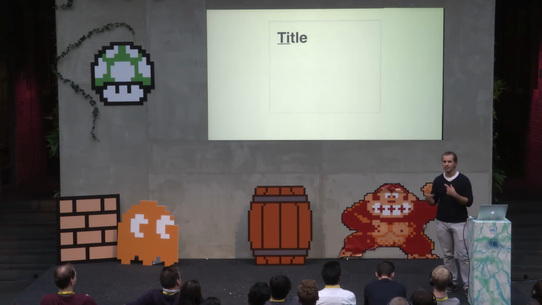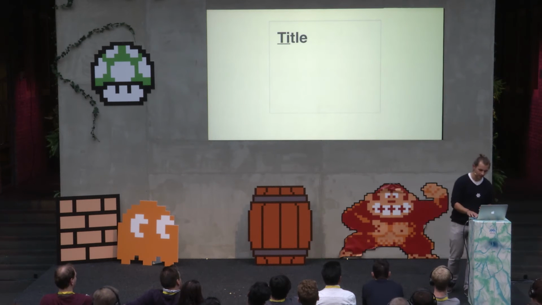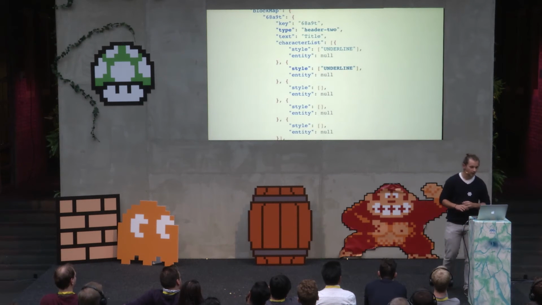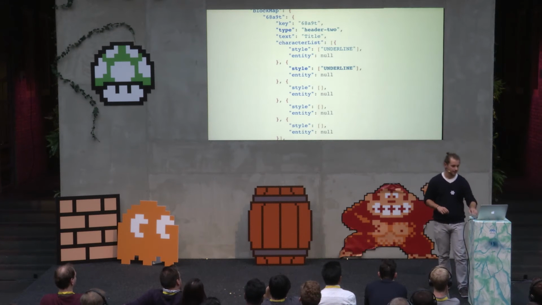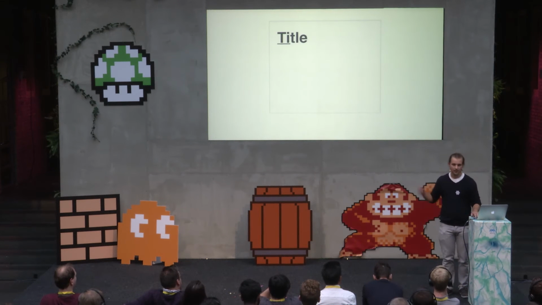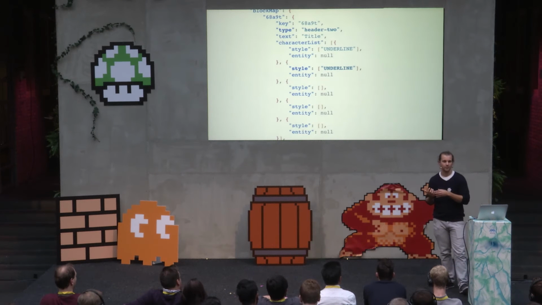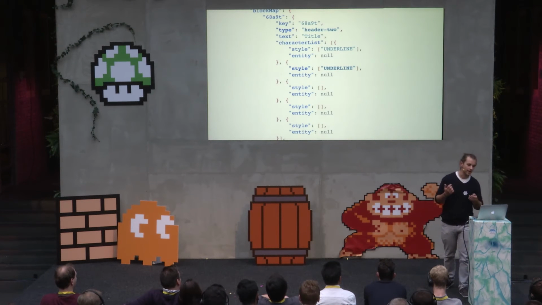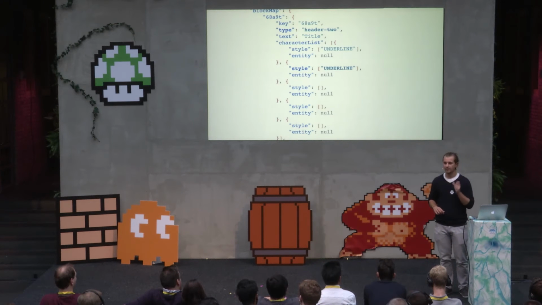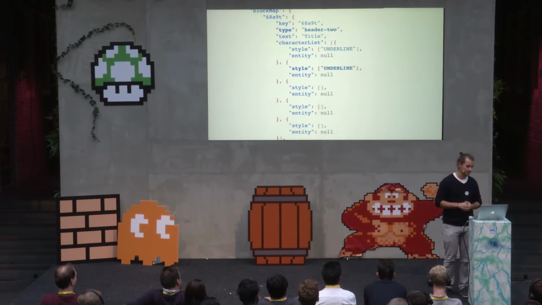So let's get a little bit more fancy to understand how you can manipulate stuff. In this case, this title is a headline 2, and the first 2 characters, I made them underlined. So my block would change from normal unstyled to headline 2, so header 2. And only the first 2 characters in the character list have the style underlined.